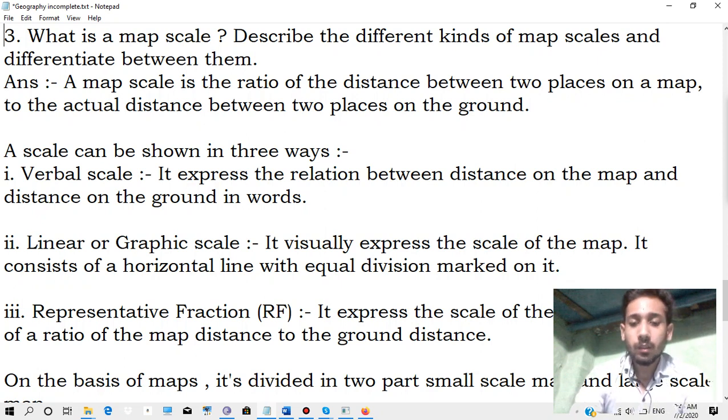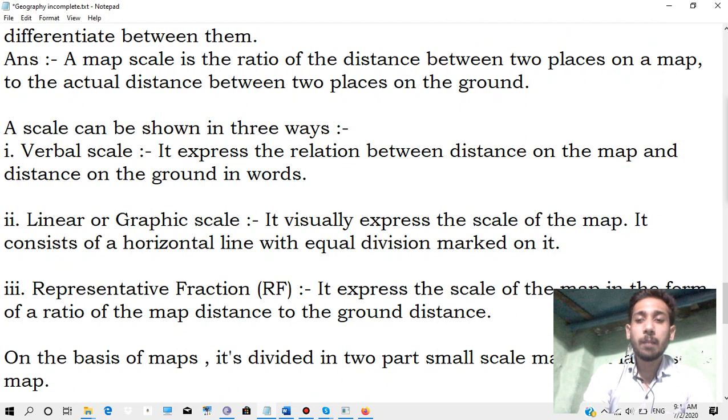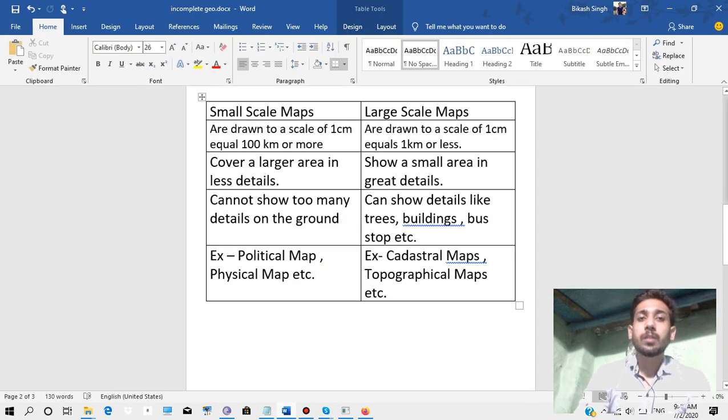On the basis of this scale, whether verbal scale, linear scale, or representative fraction, we have divided maps into two parts: small scale map and large scale map. Let us look at the difference. Here is our small scale map.